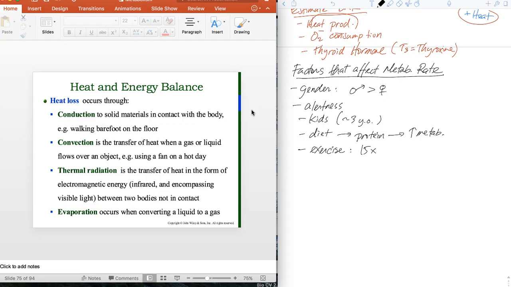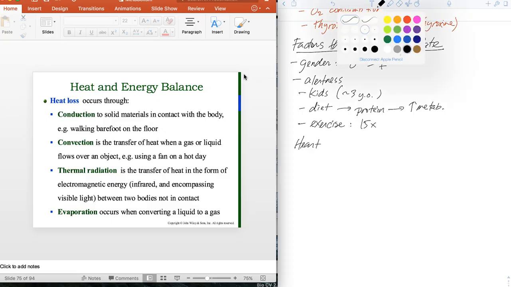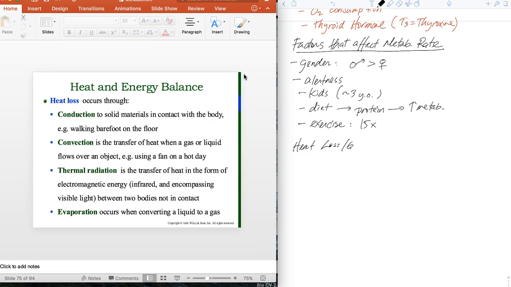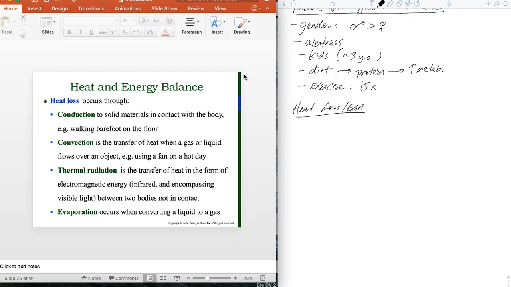There are ways that heat can be transferred from a person to their environment. So let's just talk about heat, heat loss and gain. There's a handful of these mechanisms. One's conduction.